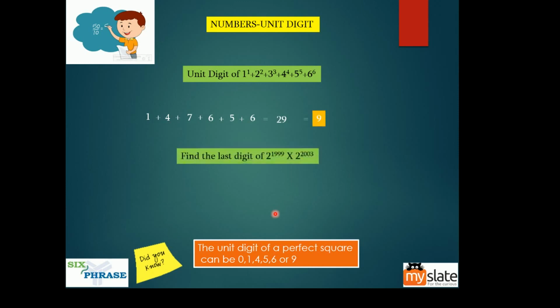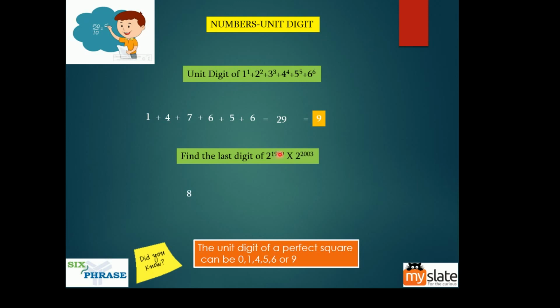Find the last digit of 2 power 1999 into 2 power 2003. Now 1999 divided by 4, what is the remainder?